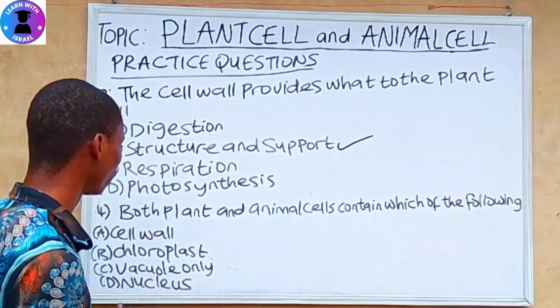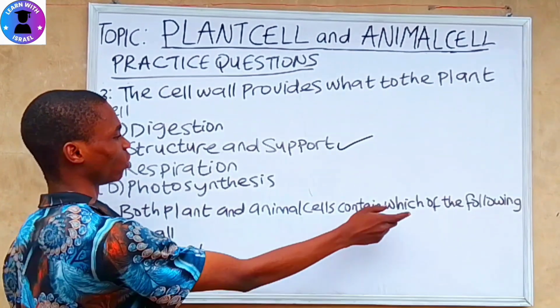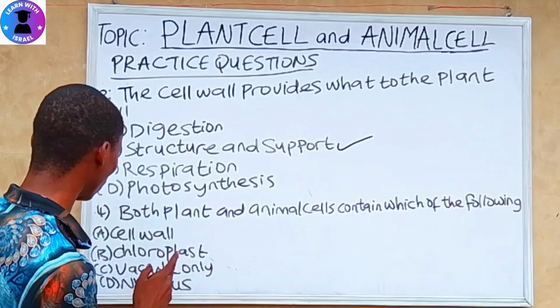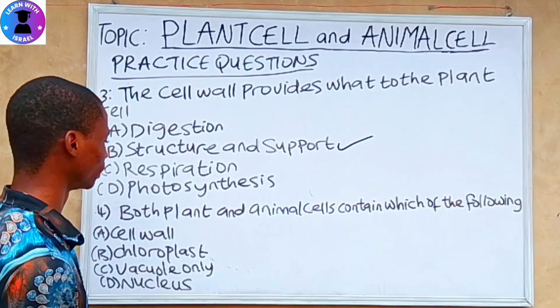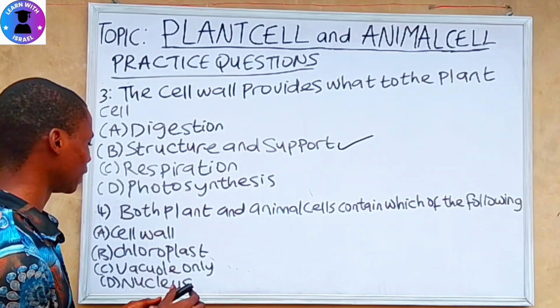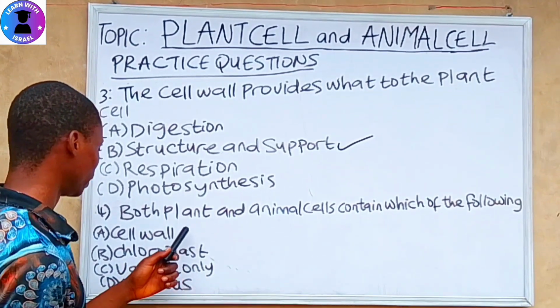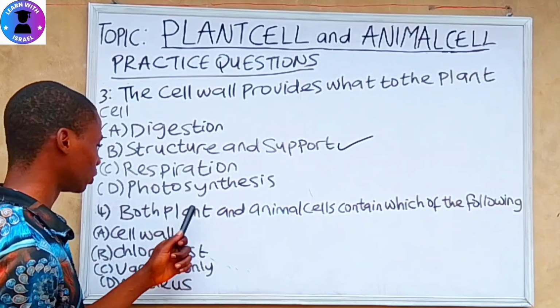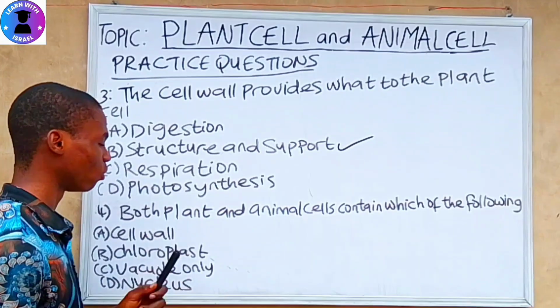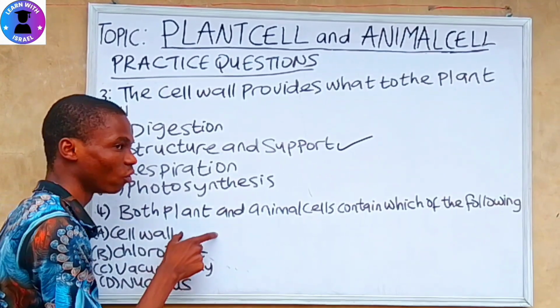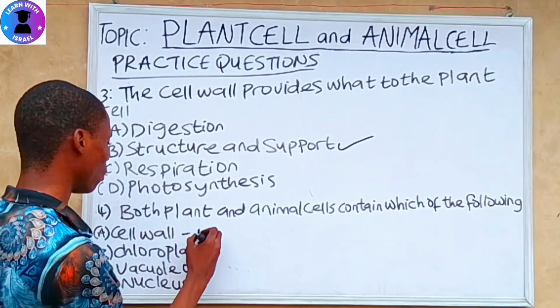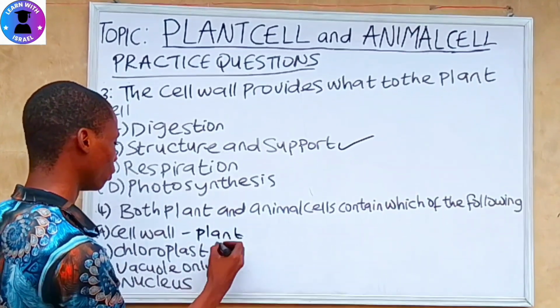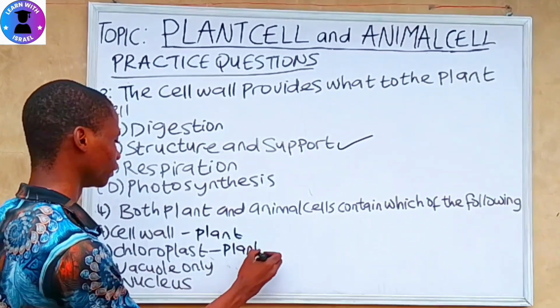Question 4. Both plant and animal cells contain which of the following? A. Cell wall, B. Chloroplast, C. Vacuole only, D. Nucleus. Both plant and animal cells don't contain a cell wall. It is only plant cell that contains cell wall. For chloroplast, only plant cell.